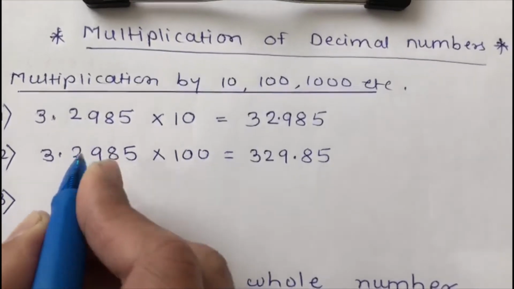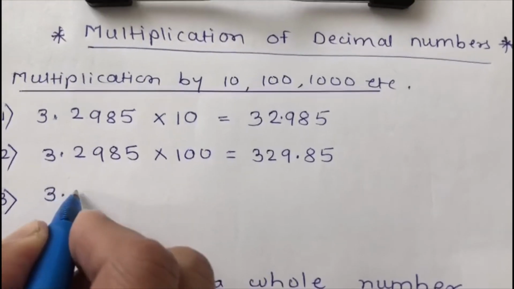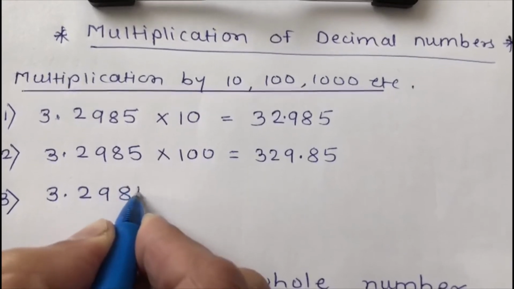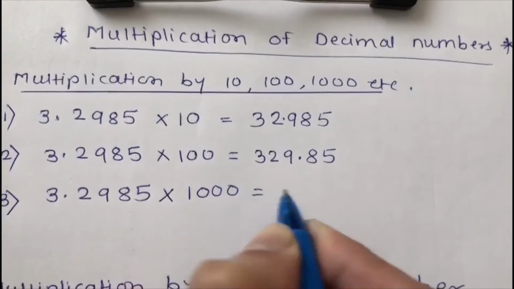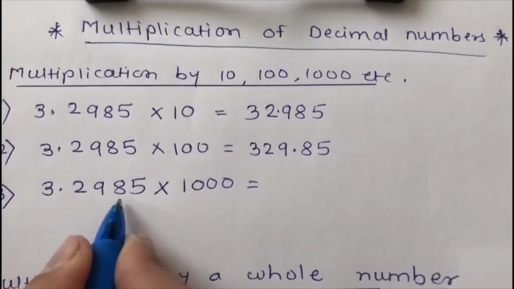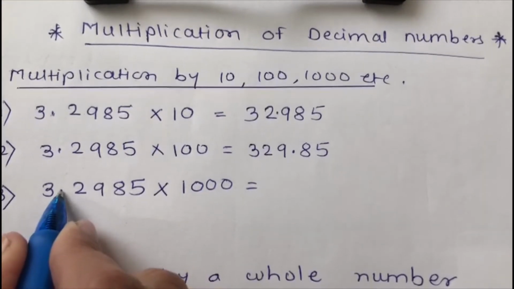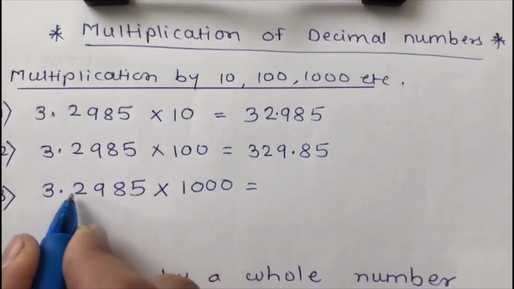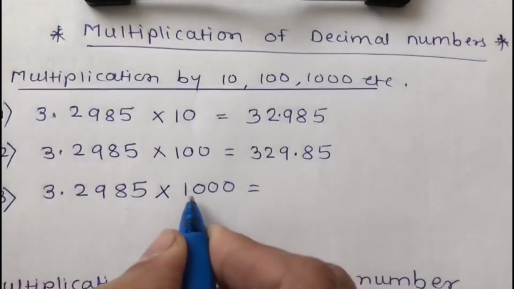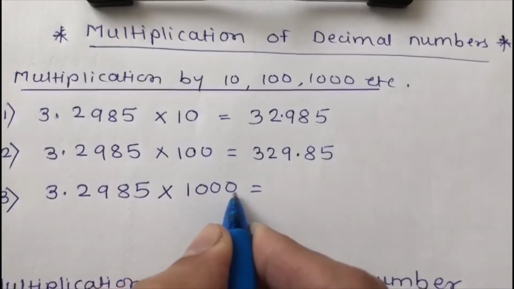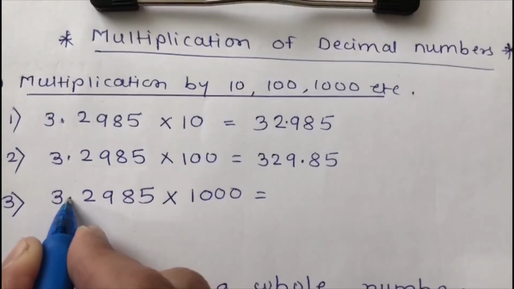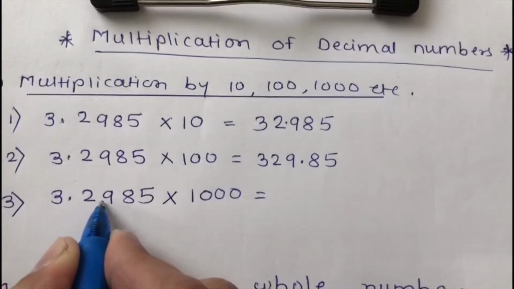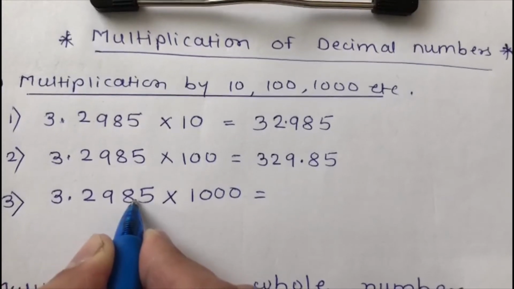Let's have one more example, 3.2985 times 1000. In this decimal number, the decimal point is given after 4 digits from the right, but in 1000 there are 3 zeros. That's why we have to shift this decimal point 3 digits to the right side.